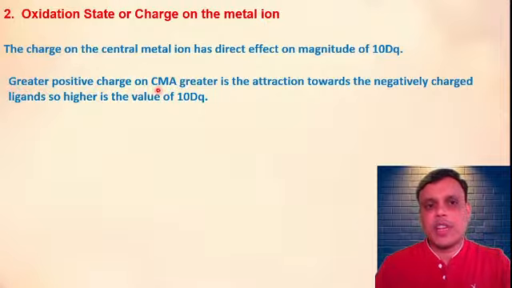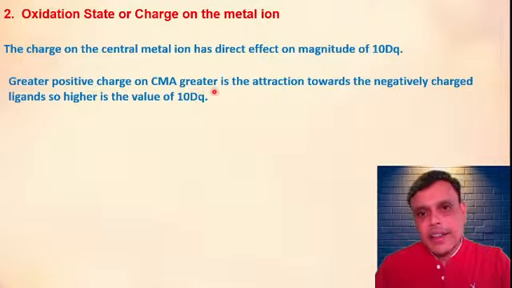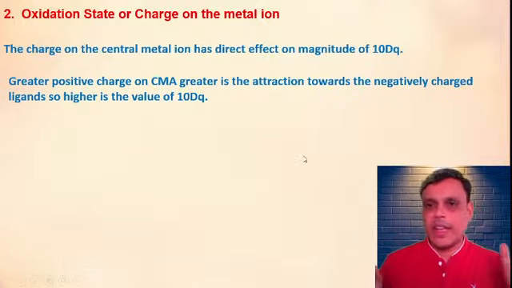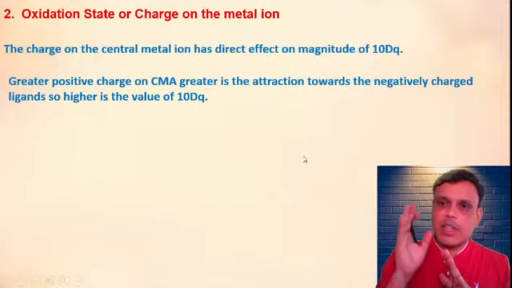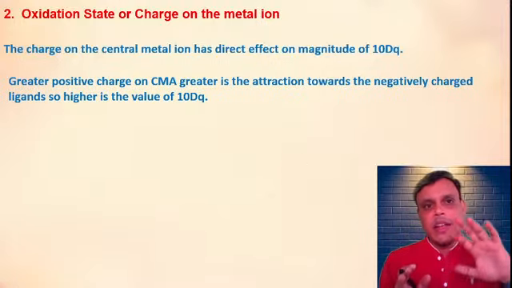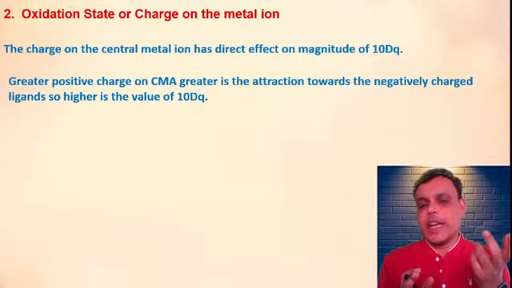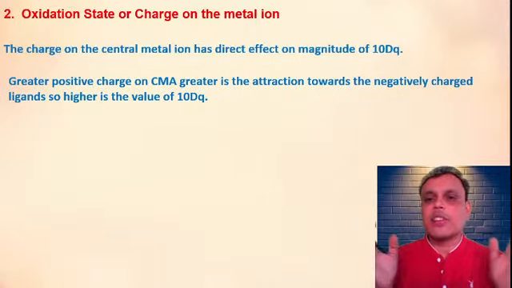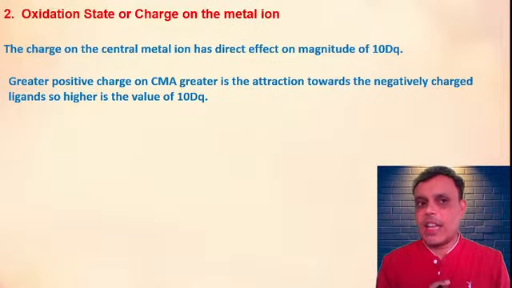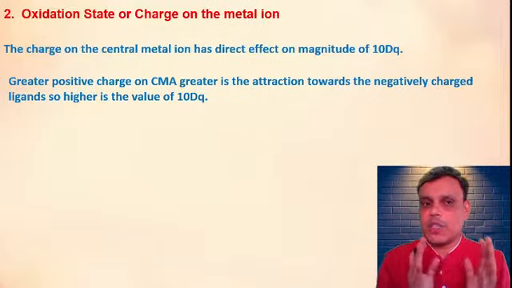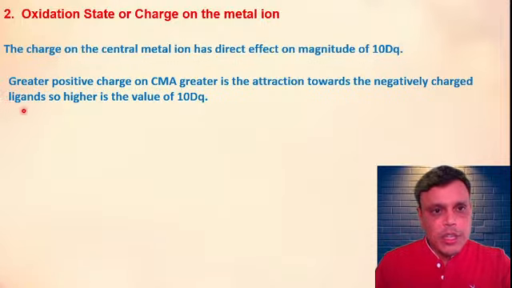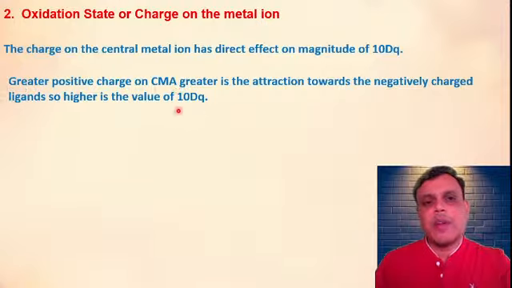Greater the positive charge on the central metal atom, greater is the attraction towards the negatively charged ligand. You know ligands are negatively charged because they contain electrons. If there is greater positive charge on the metal, the attraction will be more. More attraction means bond formation is also more, and so it will show a higher value of 10 Dq.